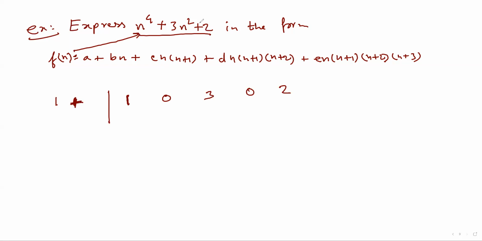This is because the factors are n, n plus 1, n plus 2, n plus 3, and n plus 4. But if you divide by n, you are going to get a remainder of 2. That is visible to you. That is why let's start by dividing by n plus 1.